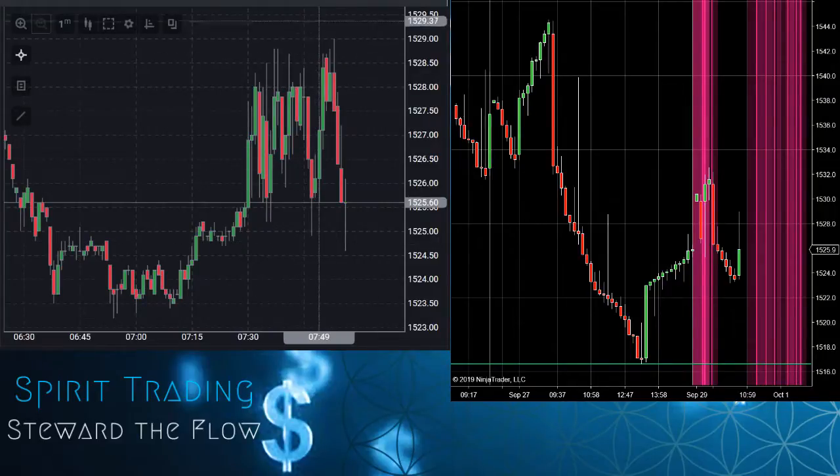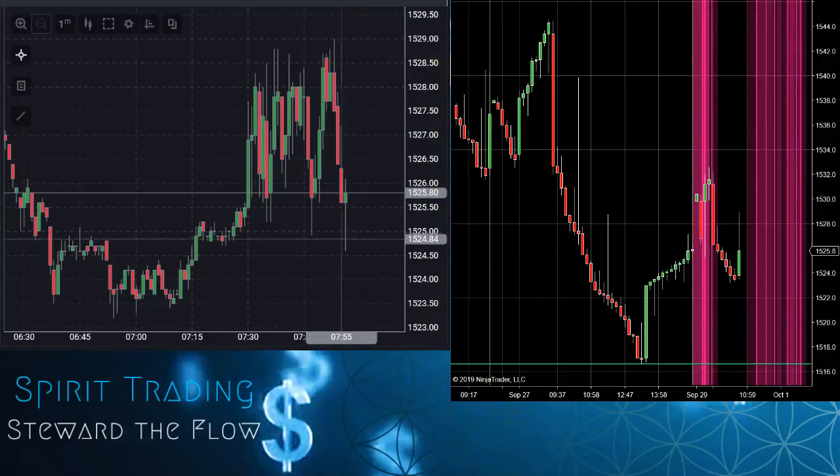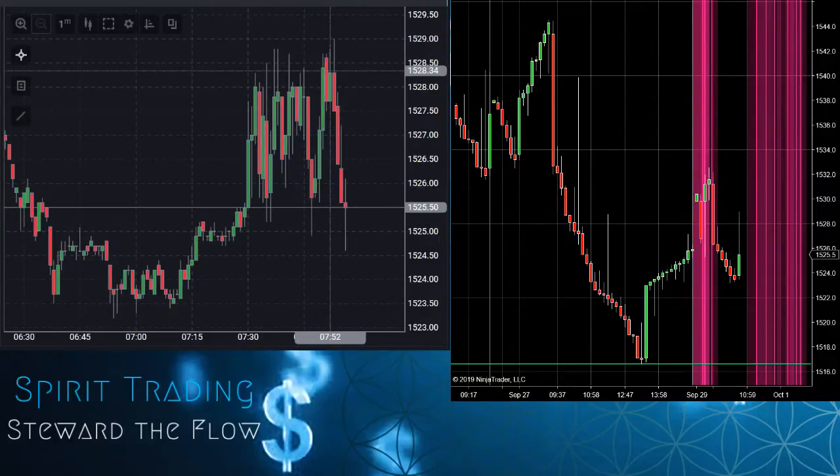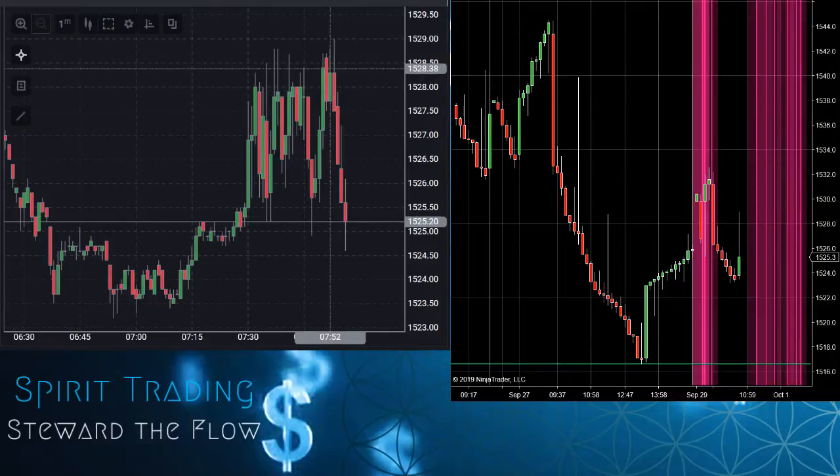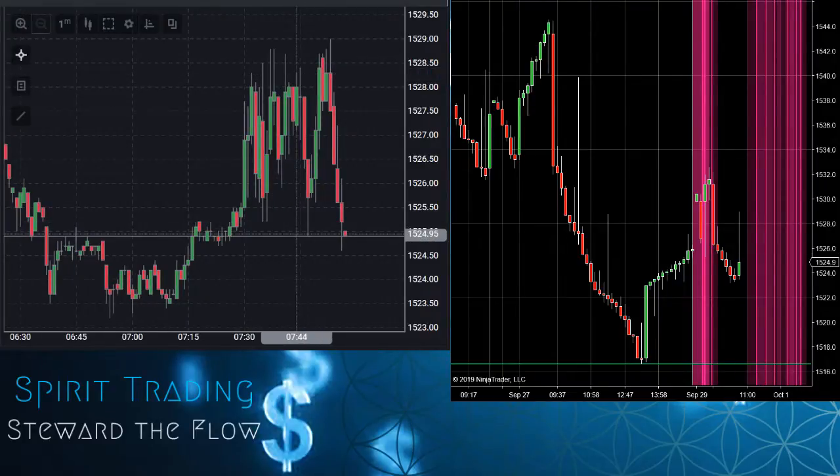But if you were to fade these edges, it's a lot of trading. It's a lot of back and forth. It's a lot of mental energy and emotional energy. Fading back and forth, fading back and forth.